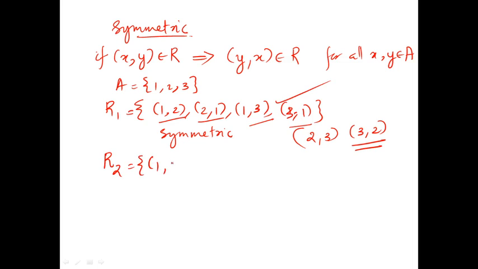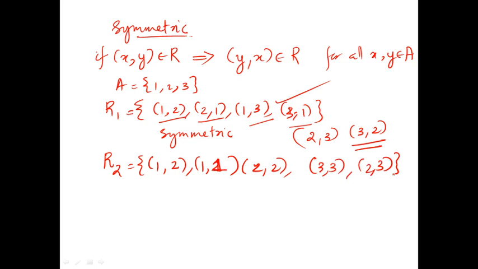I am giving some other example: (1,2), (1,1), (1,2), (2,2), (3,3), (2,3). What can you tell about this relation R2? It contains (1,1), (2,2), (3,3). Okay. So, we can say that this is reflexive.